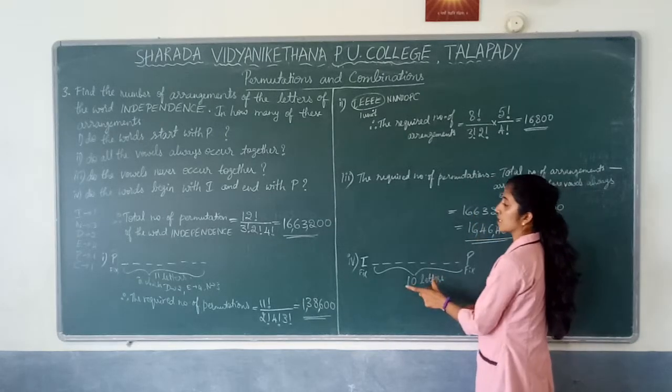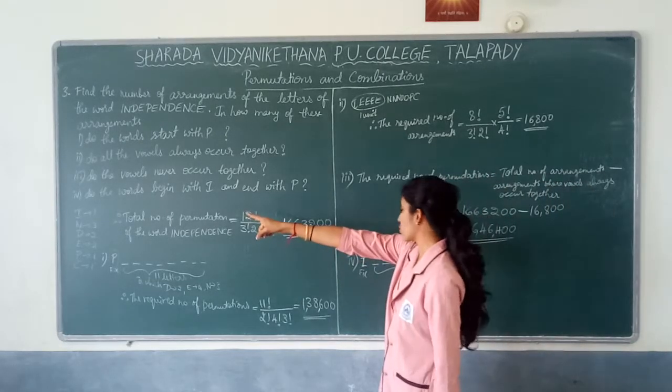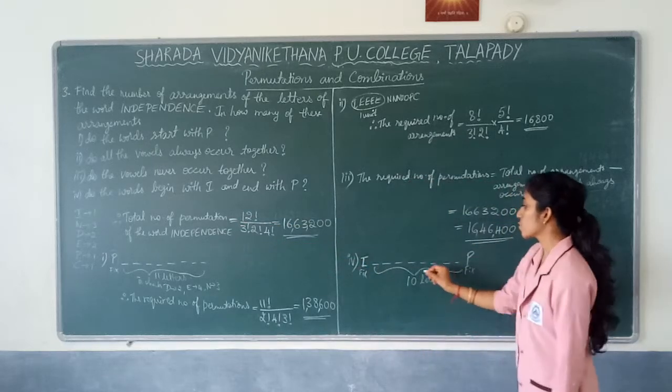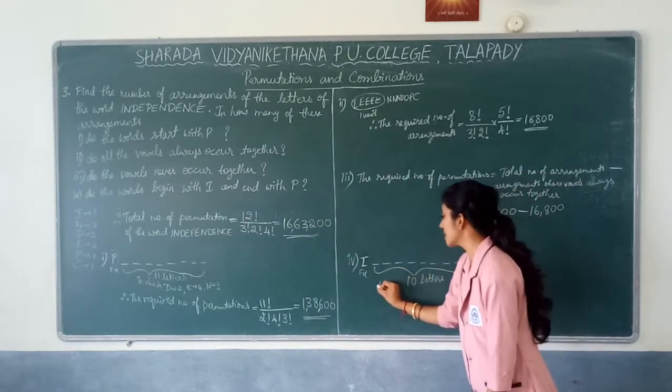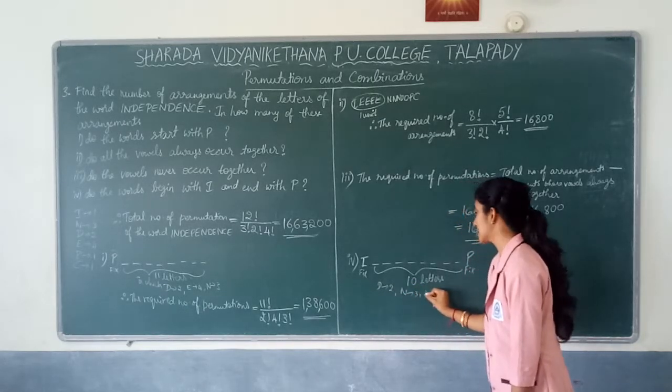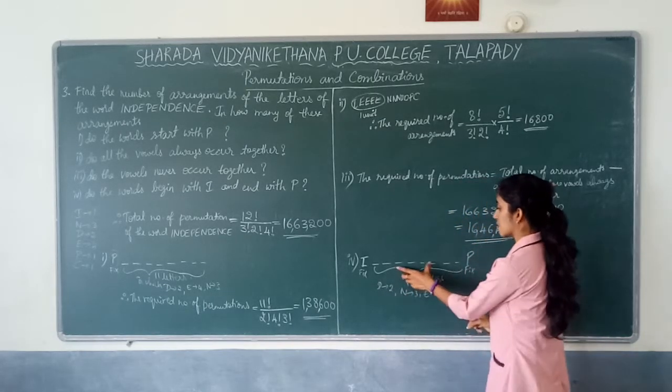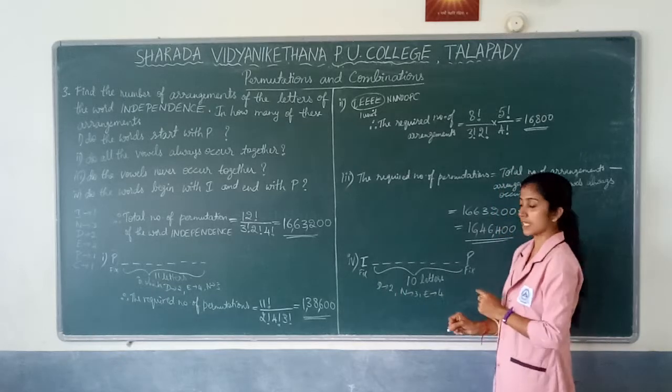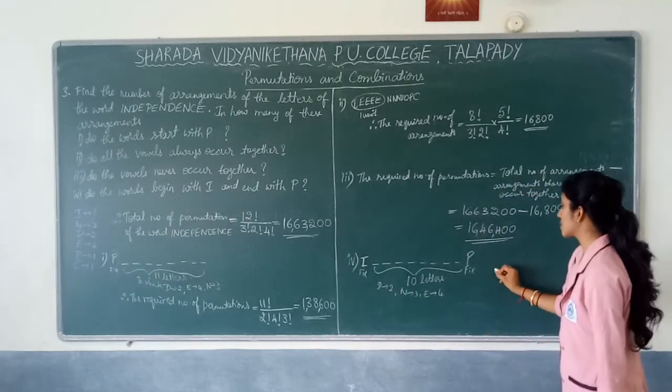Among those 10 letters, whether repetition is there? Yes. See, I is only once and P is only once. So among these, D is repeating 2 times, N is repeating 3 times, and E is repeating 4 times. So in these arrangements, all these repetitions are there. Therefore, what is the number of arrangements here?